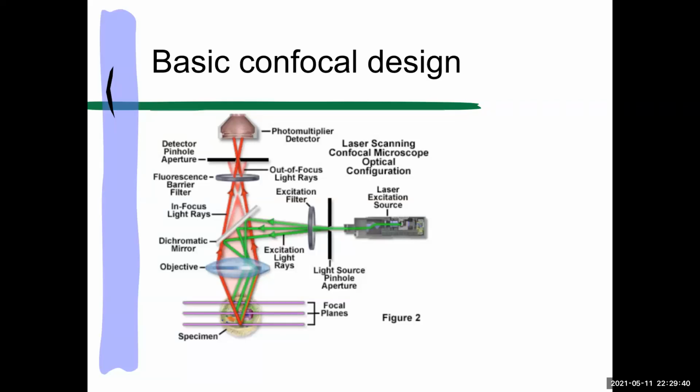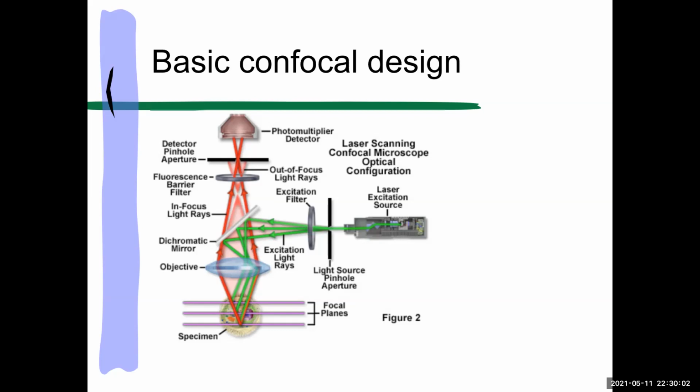Anyway, pick one of these 3 focal planes, actually the one on the bottom, and follow the red arrows on this diagram. Ignore everything until you get to that black line at the top that is called the detector pinhole aperture. You see how those 2 red lines come to focus there and they go through.